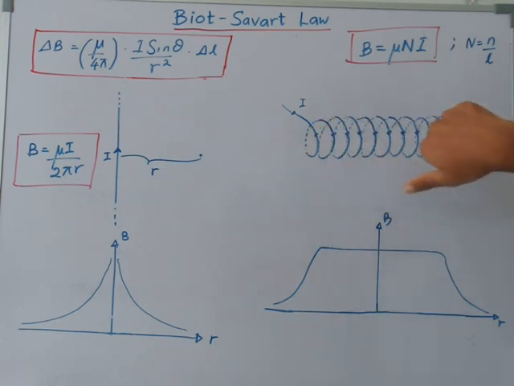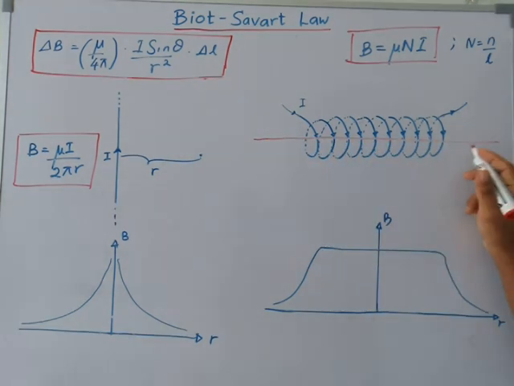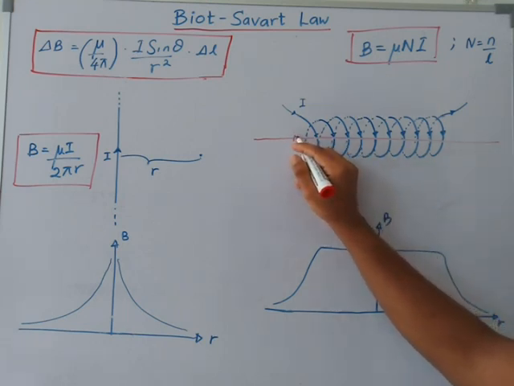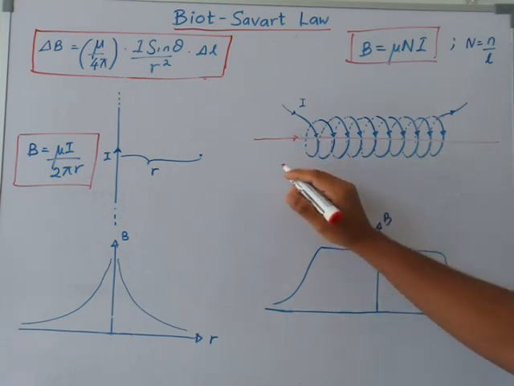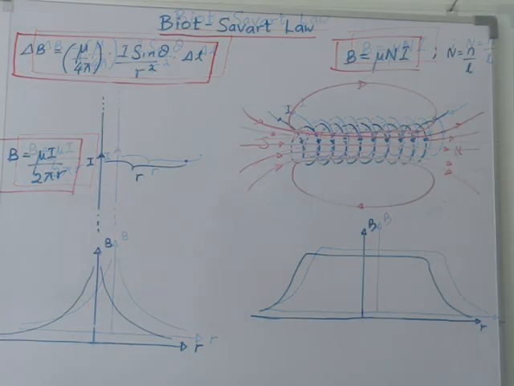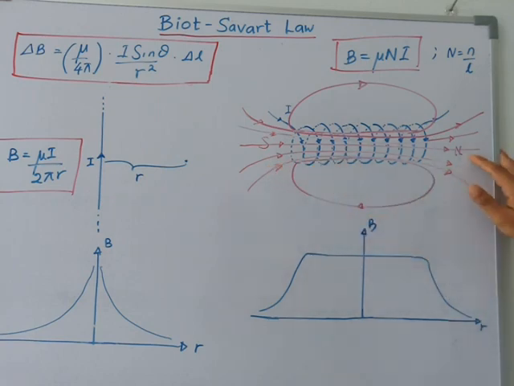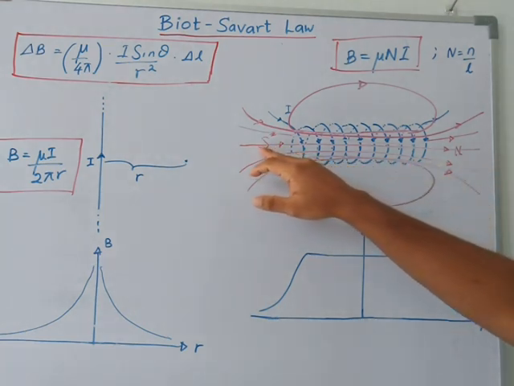So I can draw the magnetic flux density like this. This is how the magnetic field lines vary around this solenoid. I can consider this end as the N pole and this as the S pole.